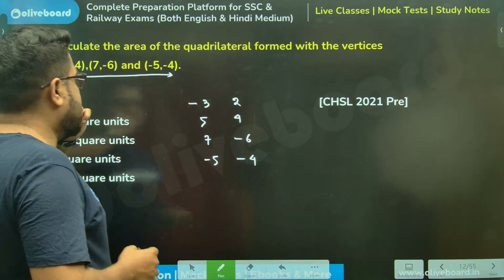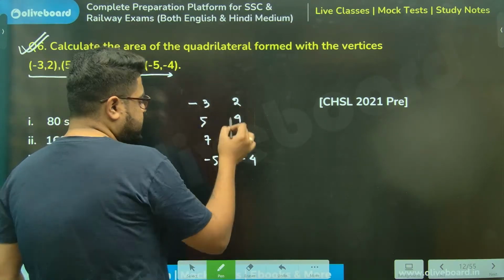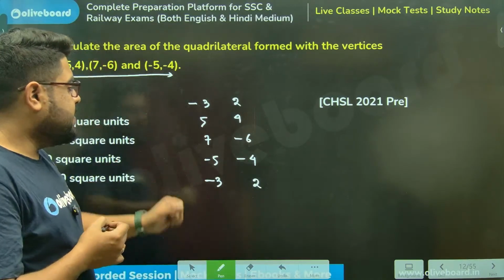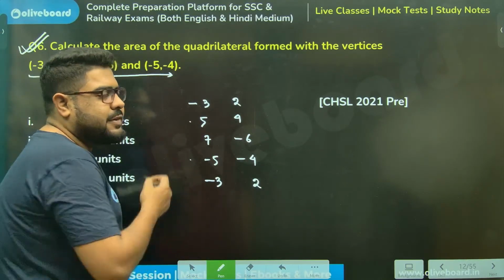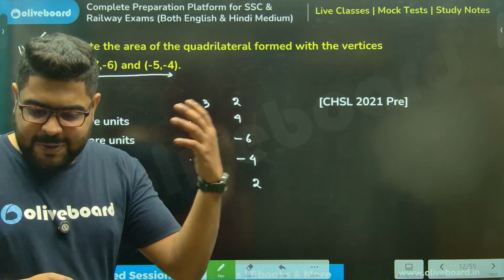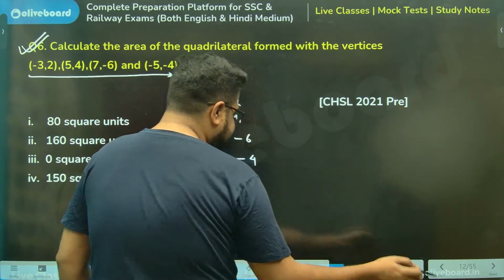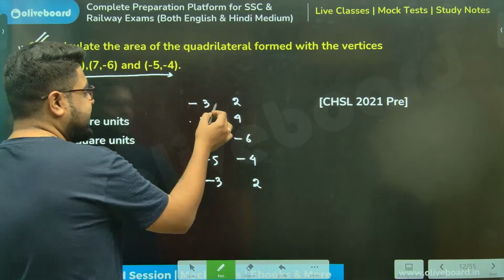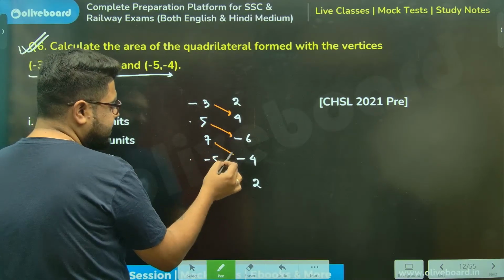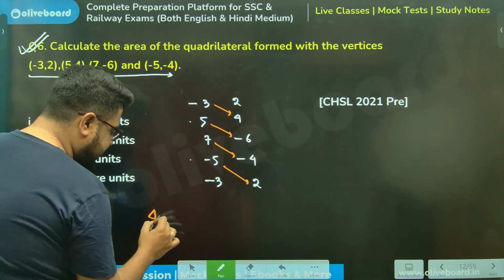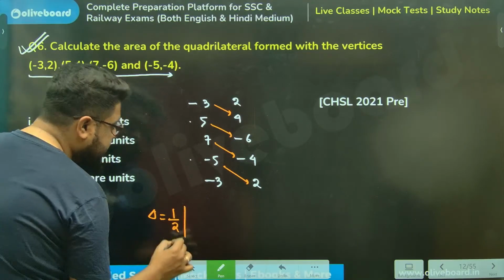Okay. Now, sir, first one will repeat. Please understand this question, because 5, 4 and -5, -4 is there, you can do it in a shorter manner as well. But as we're learning this, let's do this. Then we'll see the different methods. Half modulus. Multiply.